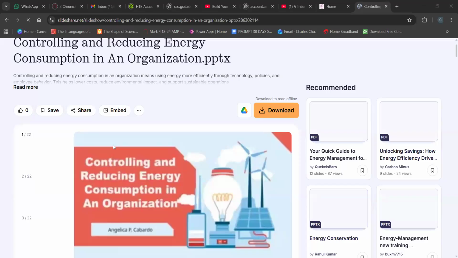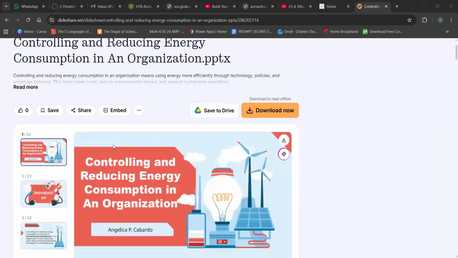I think this one even covers a bit of what comes next. Can you see my screen? Yeah. Okay, so something similar to what you said back there: controlling and reducing energy consumption in an organization.